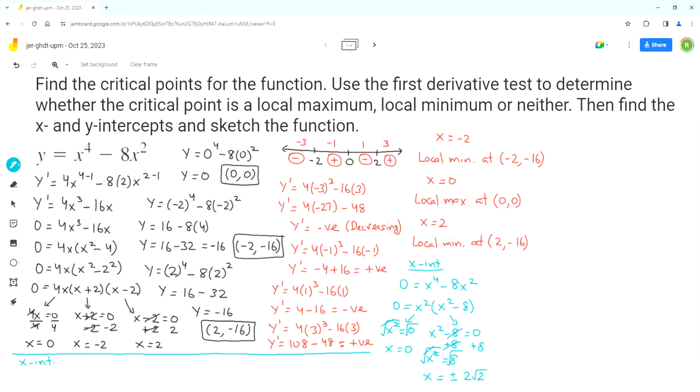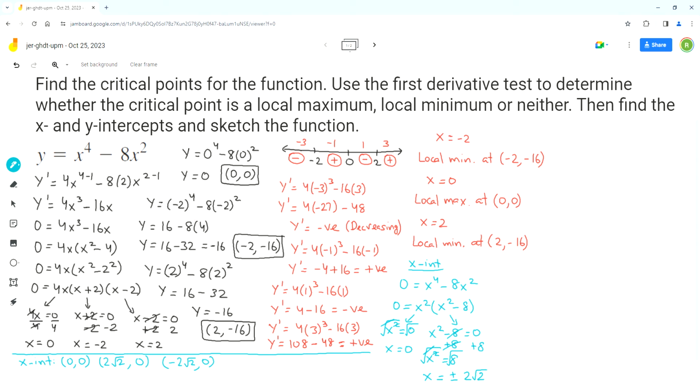And we know that that is also one of the critical points, that when x is 0, y is equal to 0 for the given function. Right? Now the other x-intercepts are 2 square root 2, 0, because the y coordinate will be 0 for x-intercepts, and the third one is negative 2 square root 2, 0.